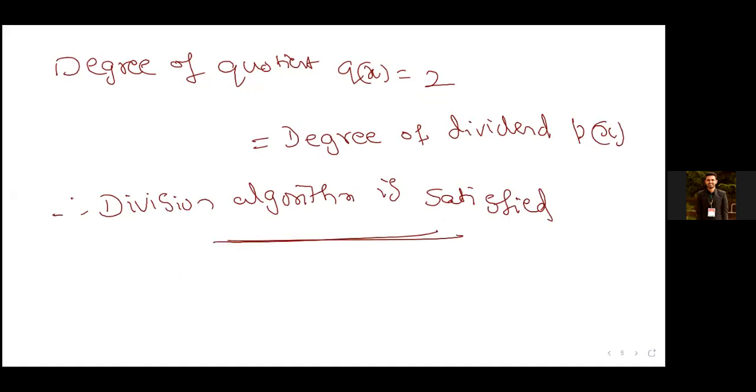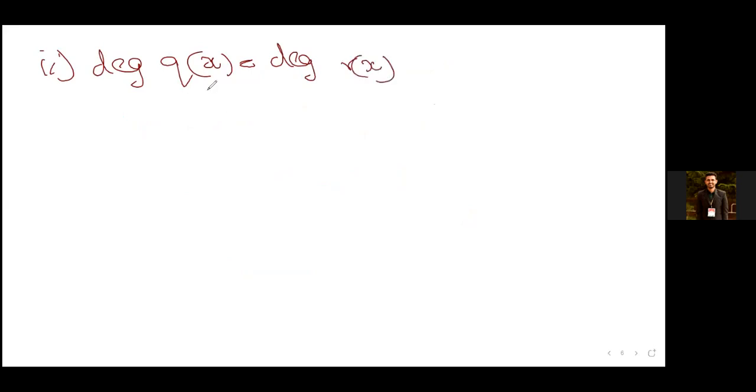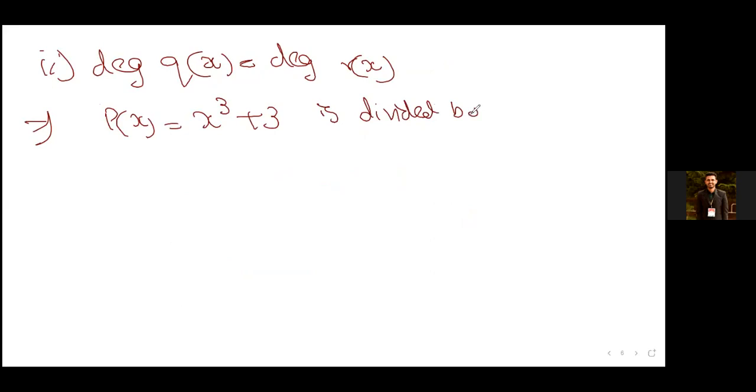Similarly, we need to give examples of the other two, where the second one is the degree of the quotient q of x is equal to the degree of the remainder r of x. I'll give the example, just check whether it is right or wrong. p of x, x cube plus 3, is divided by g of x, x minus 1.